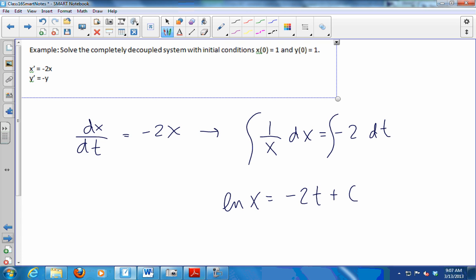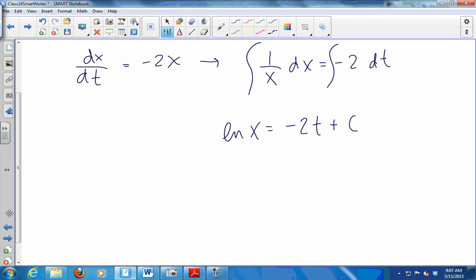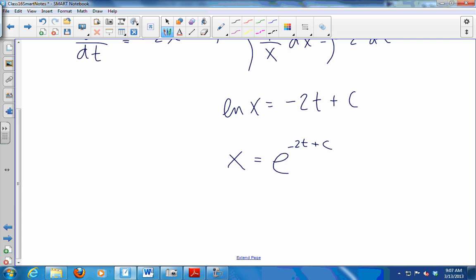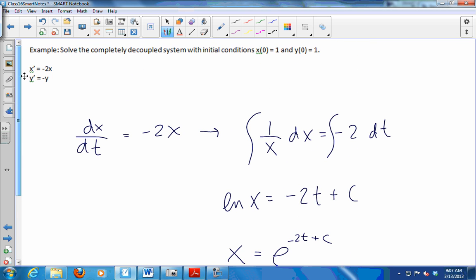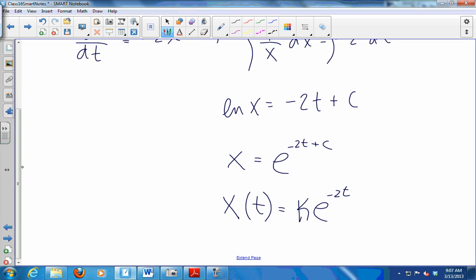Raise e to both sides. And then I'll do my little trick where e to the c becomes its own constant, k. So x of t is going to become k e to the negative 2t. And they did give me an initial condition: x of 0 is 1.